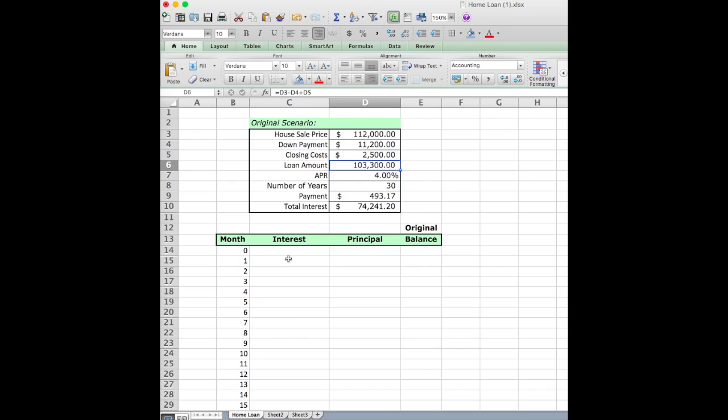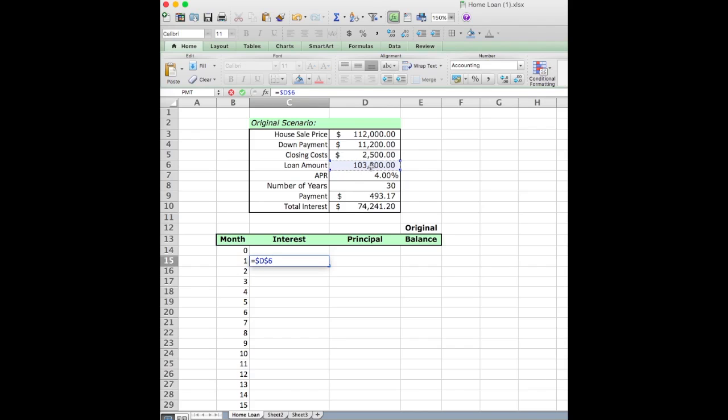Now let's calculate the interest, principal, and the balance, and do that for the next 360 payments. So remember, to get the interest, I'm going to go equals, and I'm going to take the loan amount, and I'm going to absolute reference that.